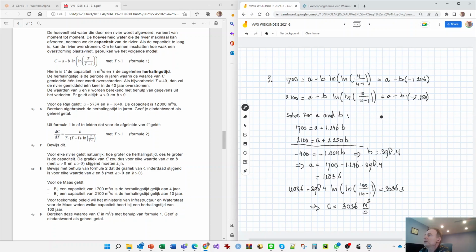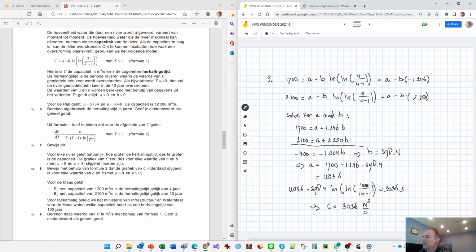You can just plug it in your calculator, just keep sufficient decimals here. I kept 4 significant figures here. And you just use your normal skills to eliminate, for example, first A from these two, then you get B, substitute B in to find A, and plug these numbers in for 100 years.